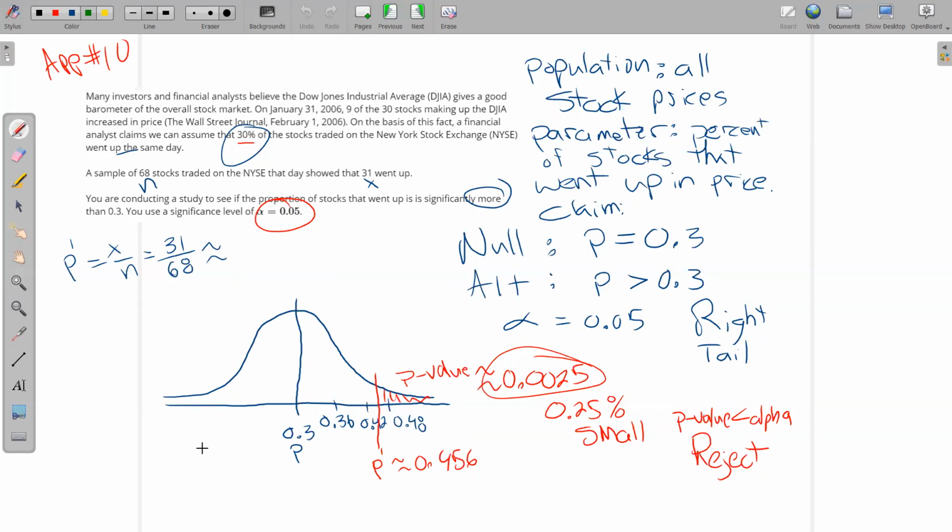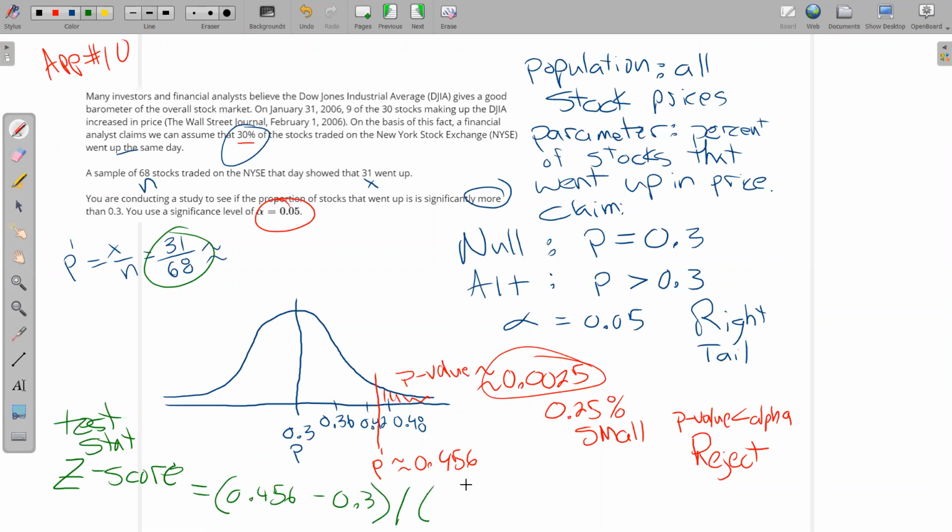So to calculate that here, its z-score, which in this context is also called a test statistic, then I would take that 0.456-ish, so that's the rounded version of that number, minus the population, 0.3, and then divide by the standard error, which would be the square root of, let's use the actual values, 0.3.